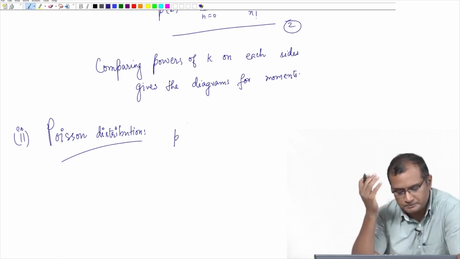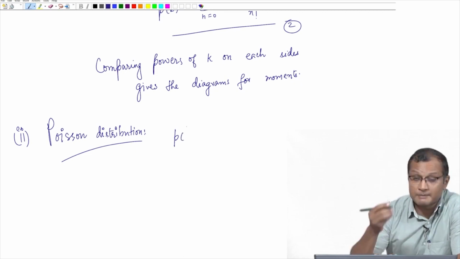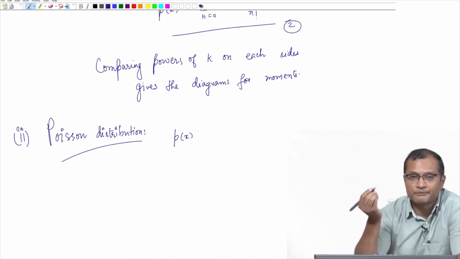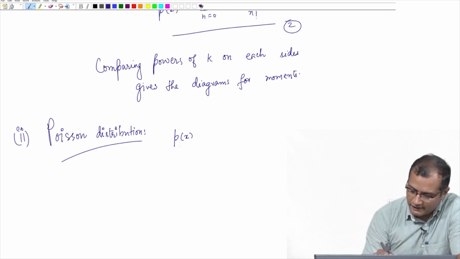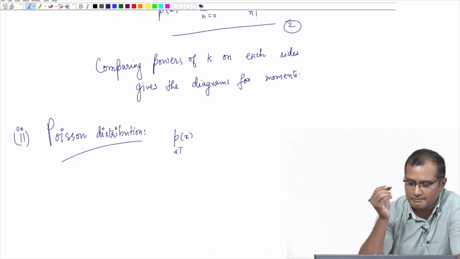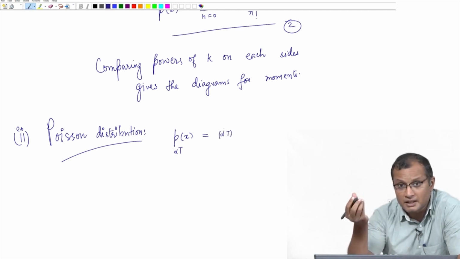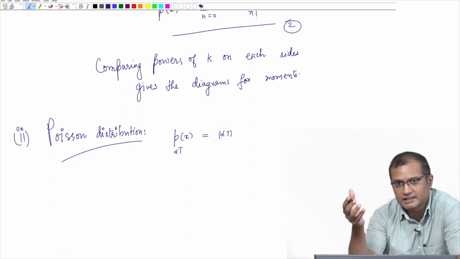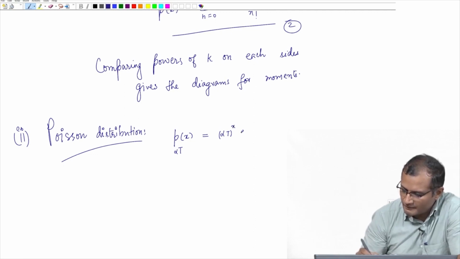If you want the probability to see x events, x is a discrete number here, in a waiting time of t, provided the process has a mean rate alpha, it is given as (alpha t) to the power of x, e raised to minus alpha t, over x factorial.